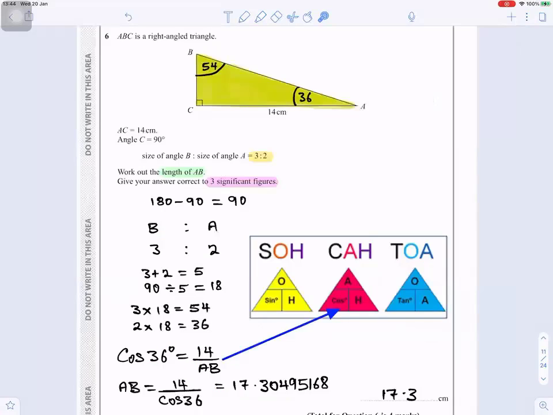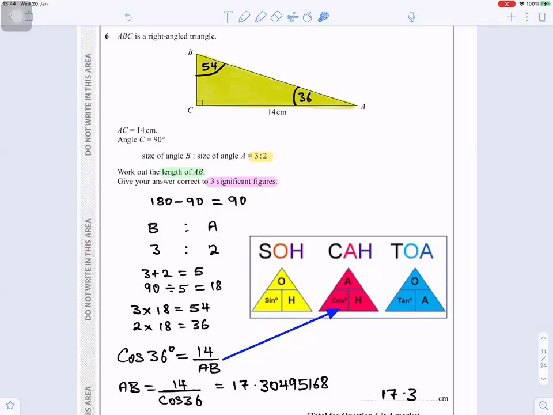Question number 6. ABC is a right angle triangle. AC is 14 centimeters. Angle C is 90 degrees. The size of angle B to the size of angle A is 3:2. Work out the length of AB, the hypotenuse. Give your answer correct to 3 significant figures.